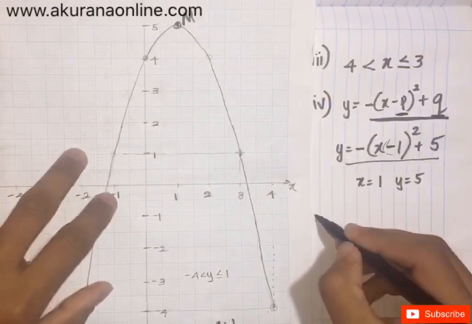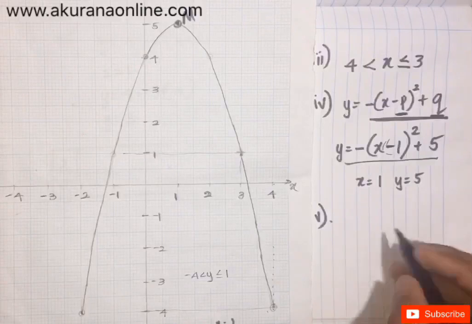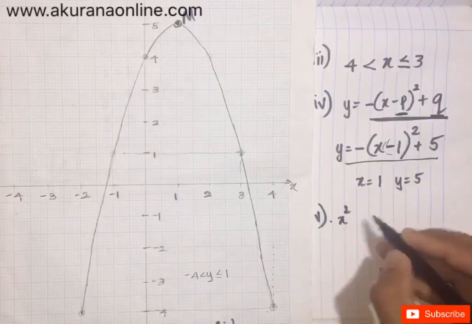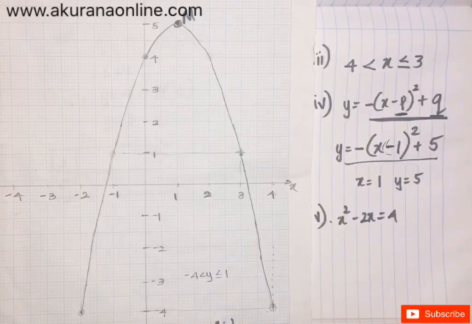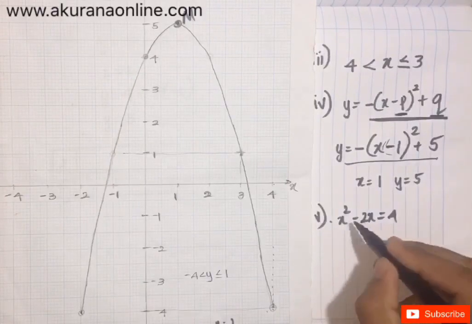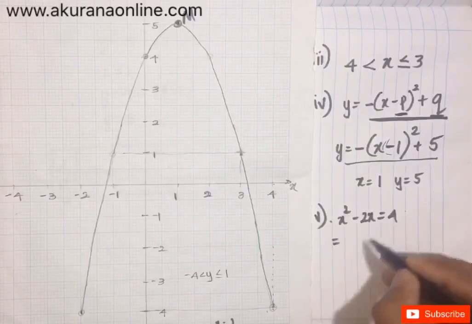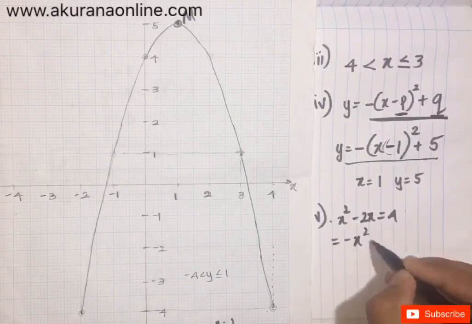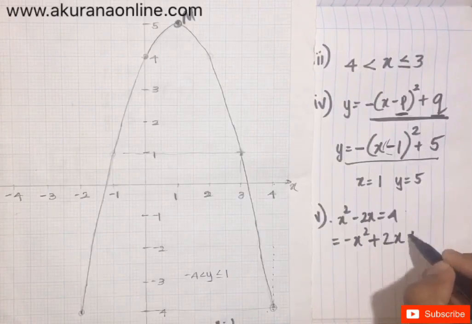Okay, and the last part: using the graph, find the positive values of x such that, they have given you an equation equals 4. Now this equation, if you rearrange, that means if I move all the terms to the other hand side, you have minus x squared plus 2x plus 4.